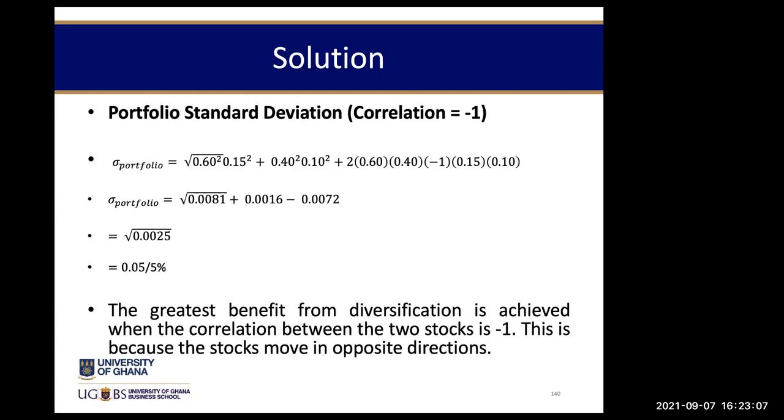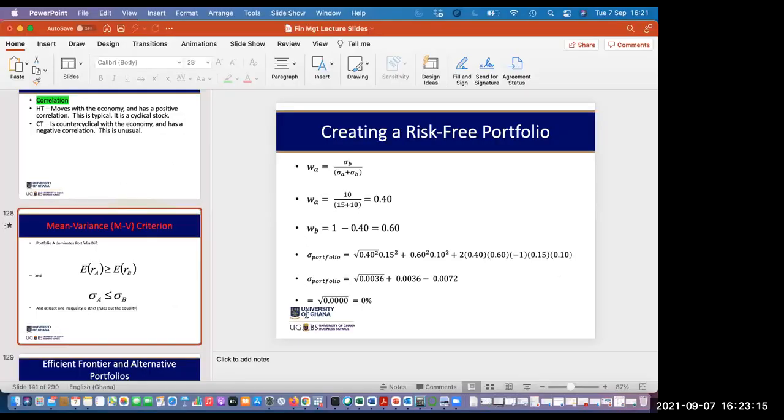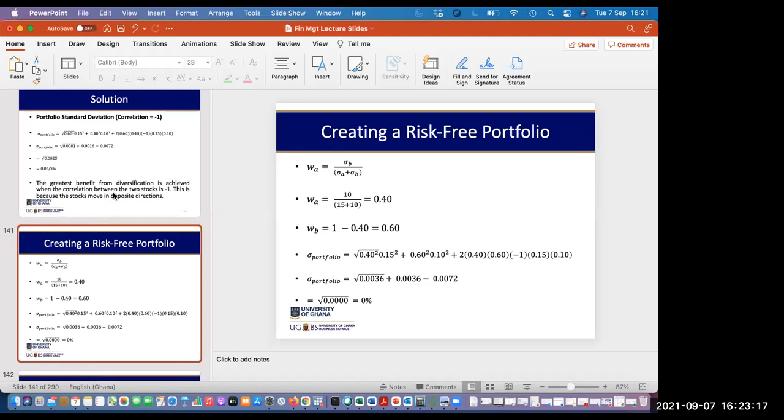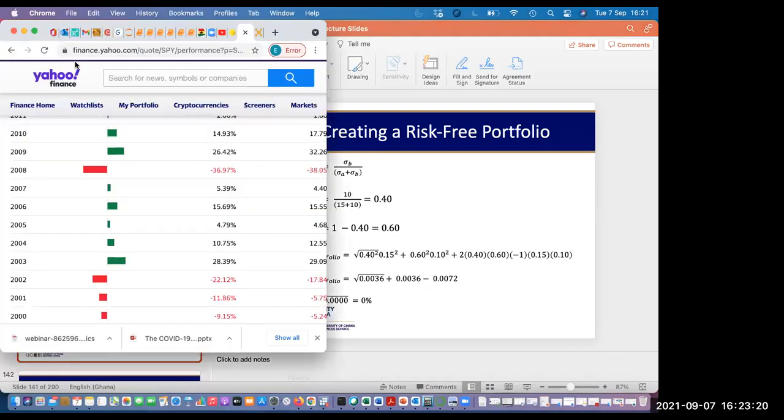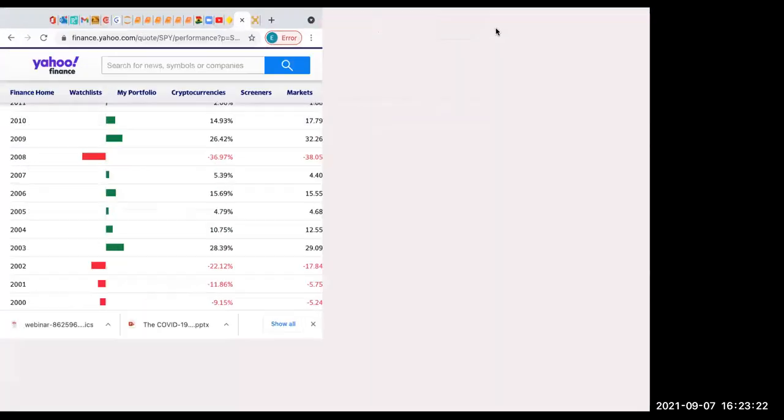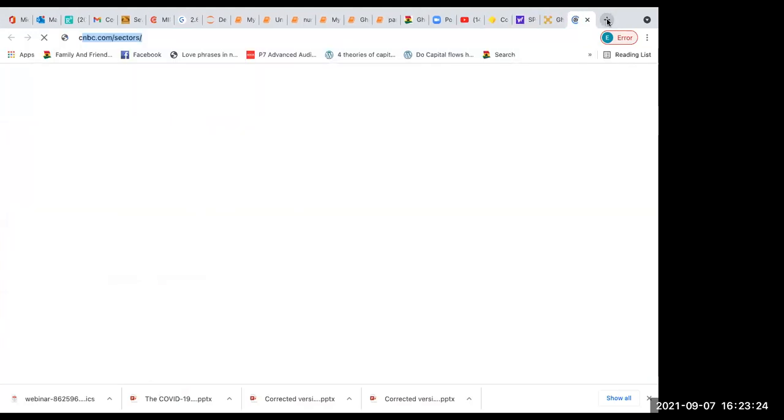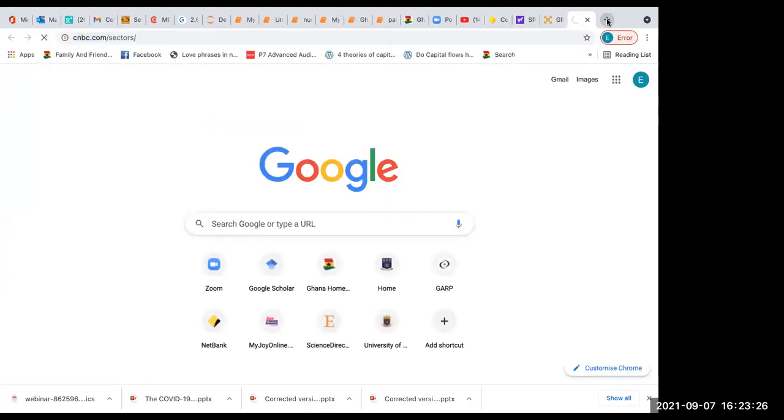Can you see that? But in the real world, investors don't know asset returns with certainty, and therefore diversification is important. They decide not to put all their eggs into one basket.